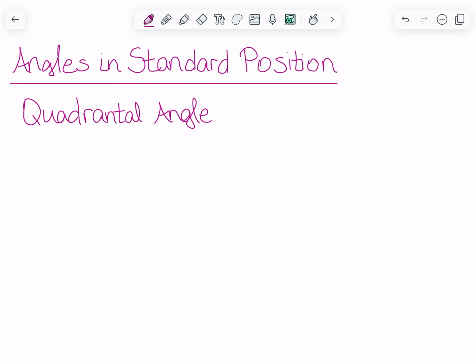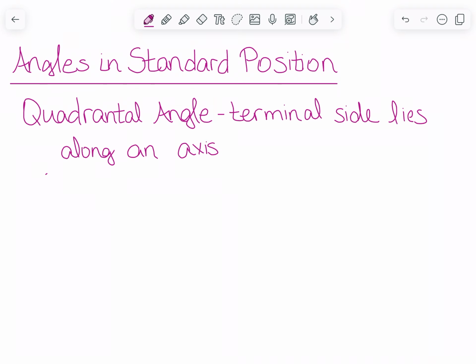There are special angles known as quadrantal angles. A quadrantal angle is one whose terminal side lies along an axis, and there are 4 big quadrantal angles. The first is 0 degrees, where the initial and terminal side are the same along that positive x-axis.